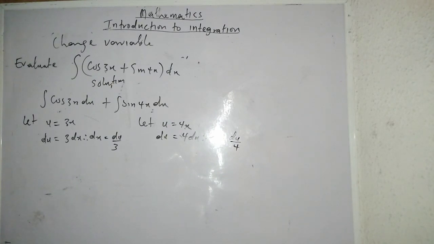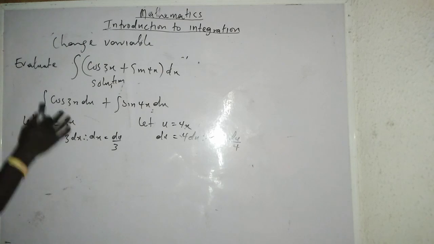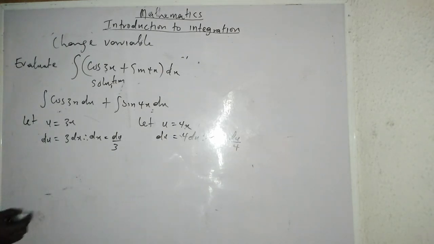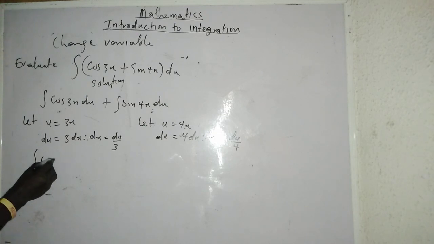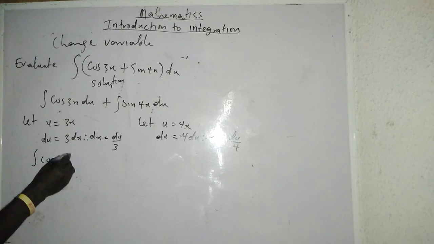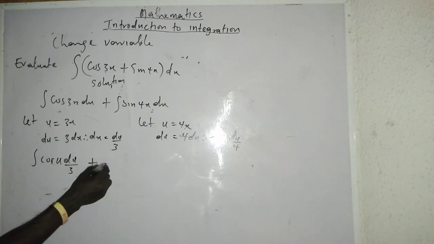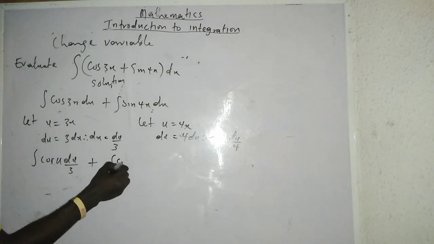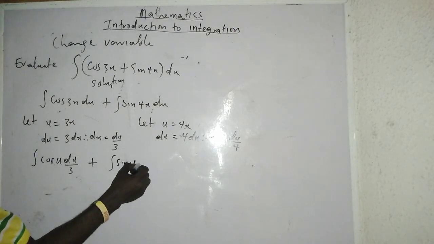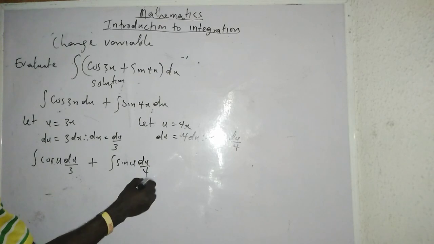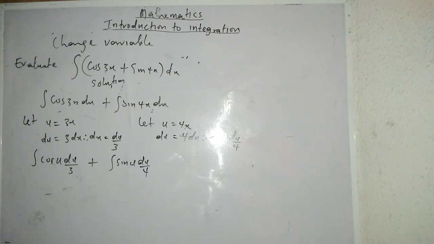Now, there are two things: this is for the first one, this is for the second one. Now, I will move on by having cos u du all over 3 plus sin u du all over 4.